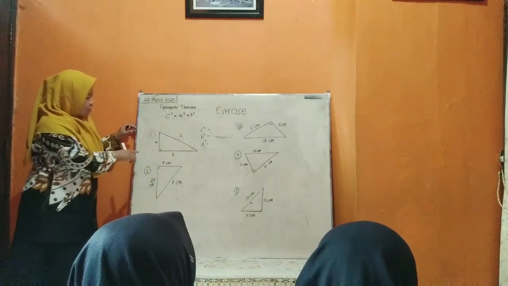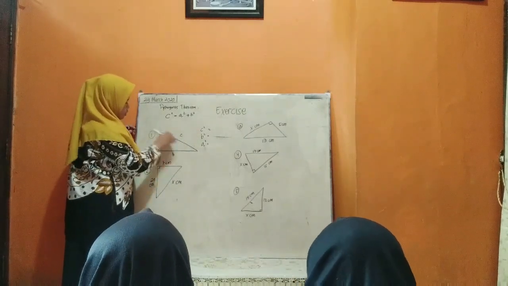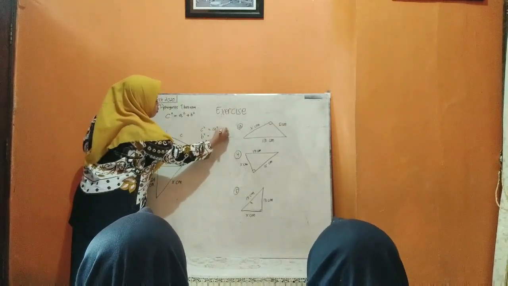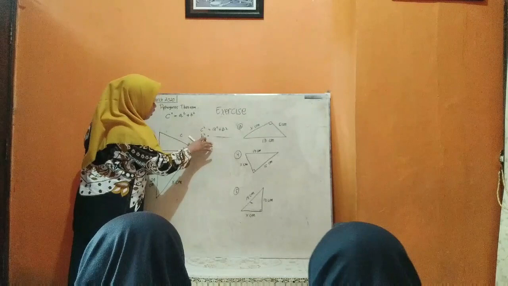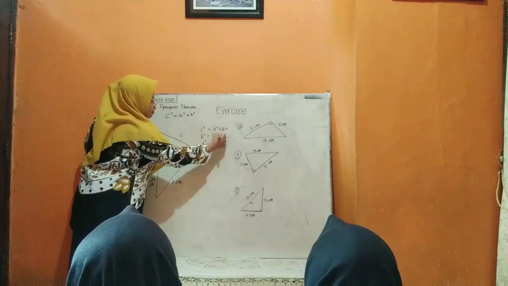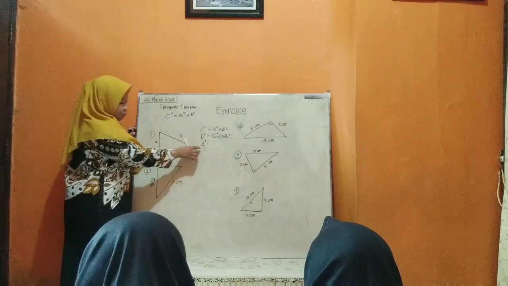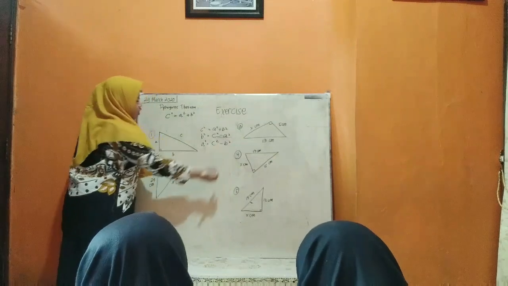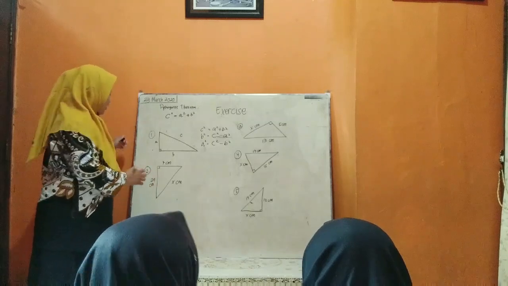So for question number 1, we determine c square, a square plus b square. If we find b square, we just do c square minus a square, and then a square is c square minus b square. Any question?